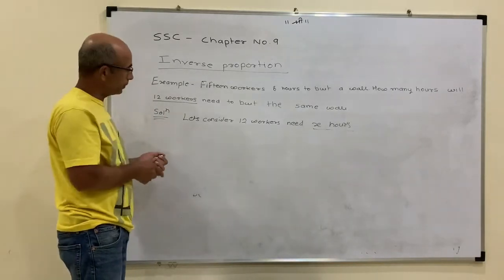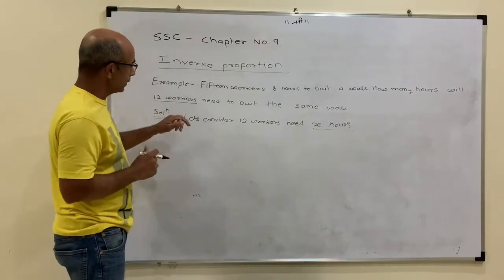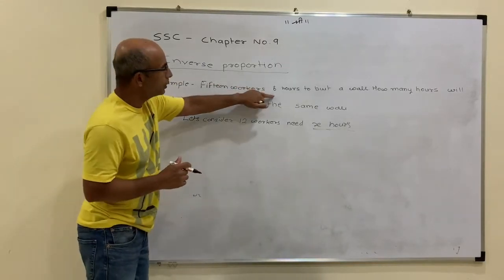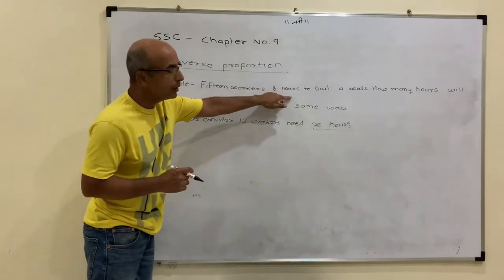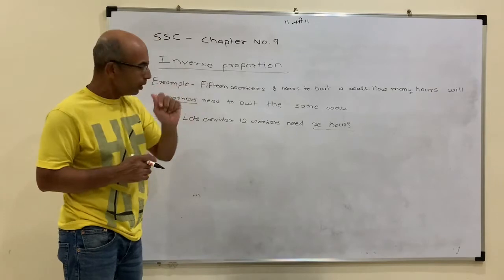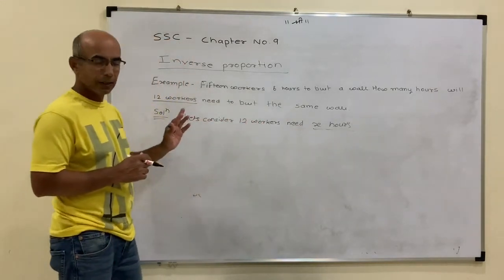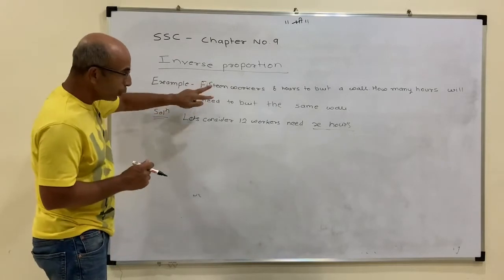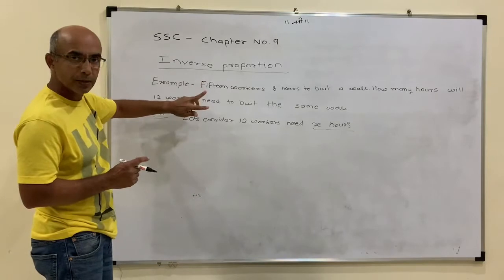So now let's consider: 15 workers working 8 hours are building the same wall as 12 workers working x hours. We need to understand that they both are doing the same job.